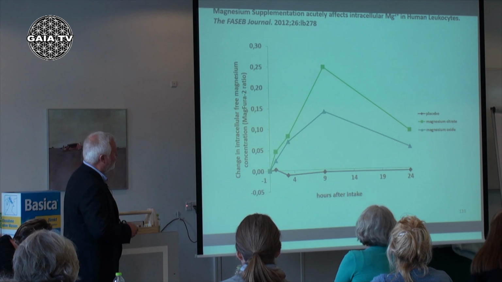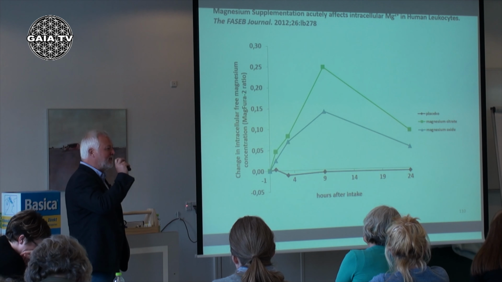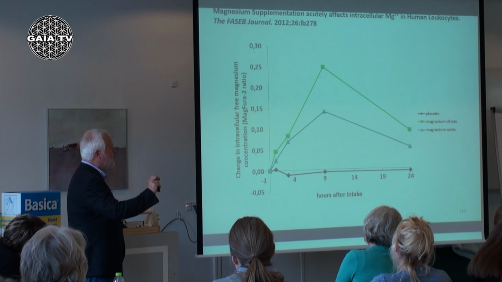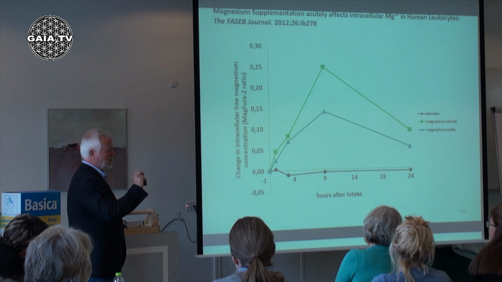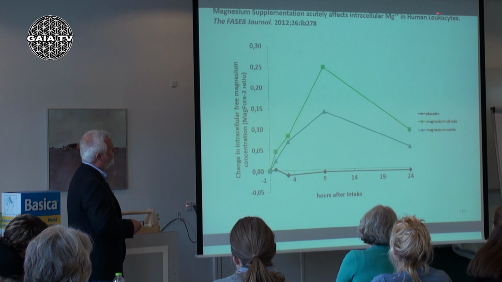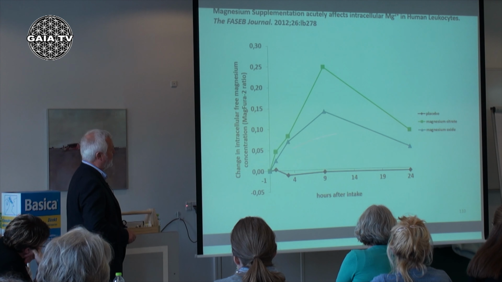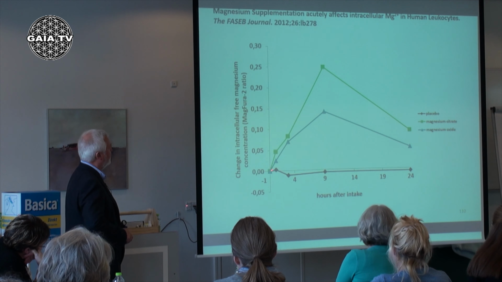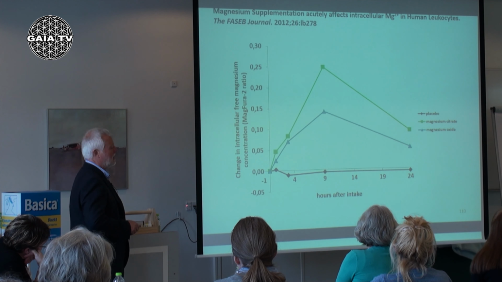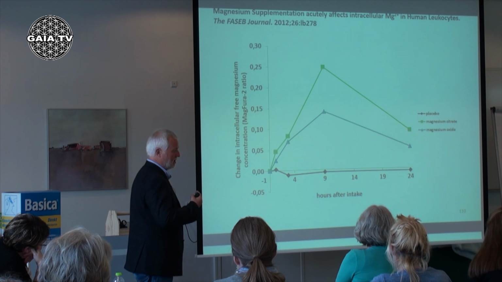And we could show that really, especially in these cells that are needed for the immune response, the leukocytes, magnesium citrate is much superior to magnesium oxide to increase the intracellular magnesium concentration.